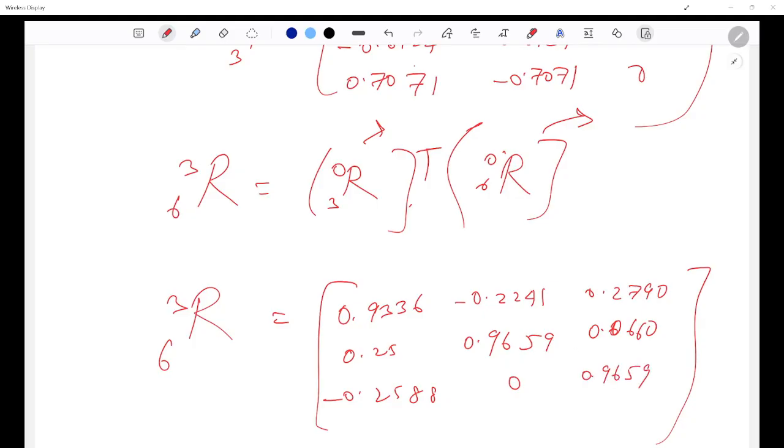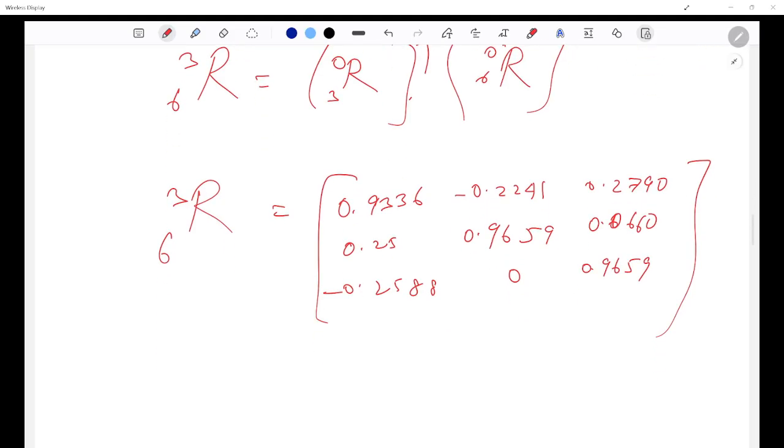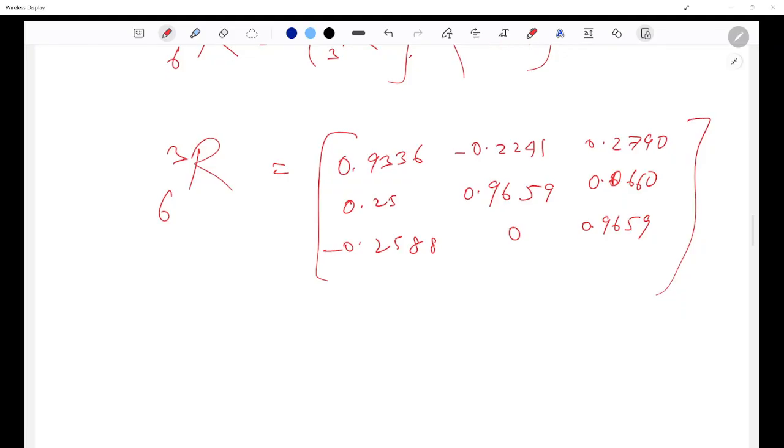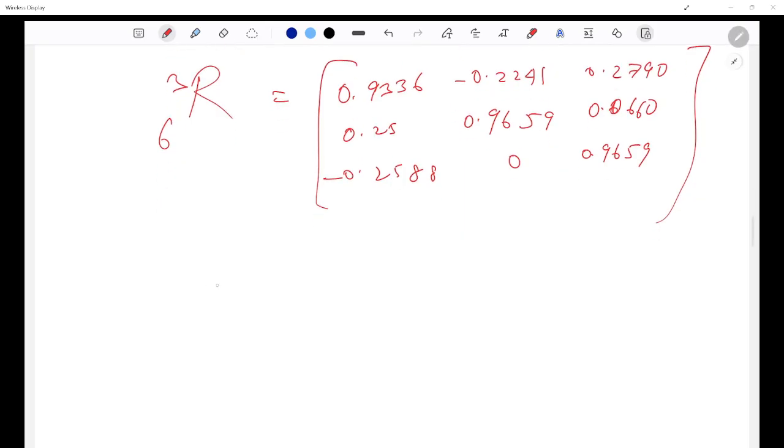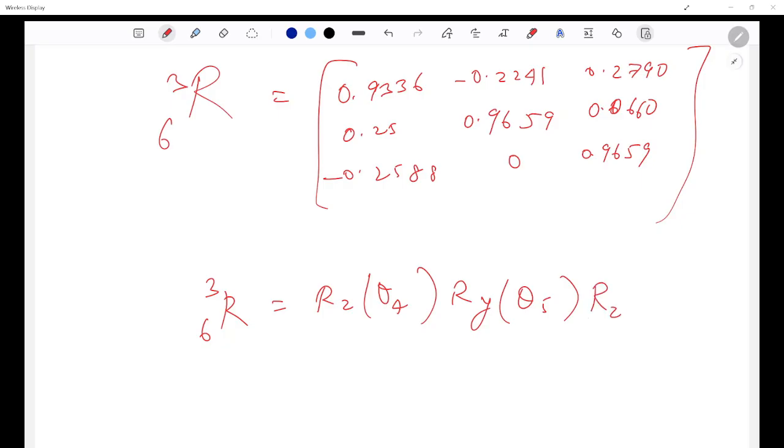Okay, so once you have done this, you have to find out theta 6. Okay, and if you compare it, you have to compare it to a standard matrix. Okay, and this is important: Rz theta 4, Ry theta 5, and rotation about the z axis by theta 6.